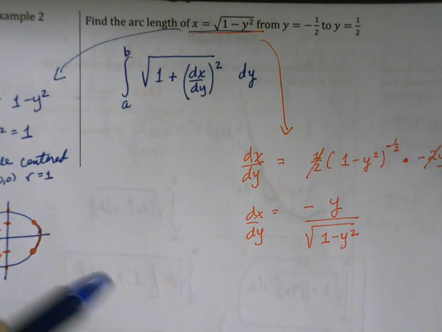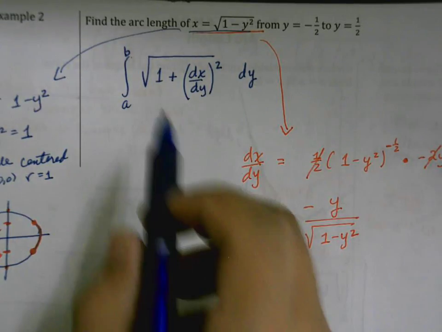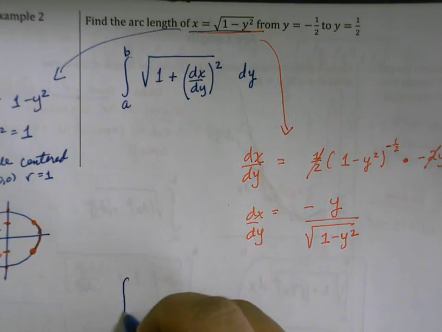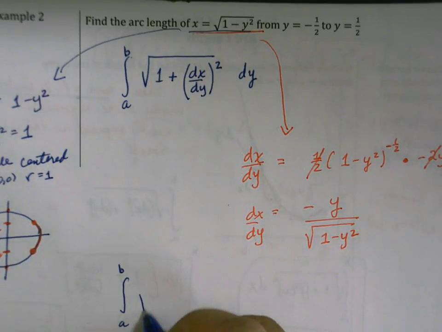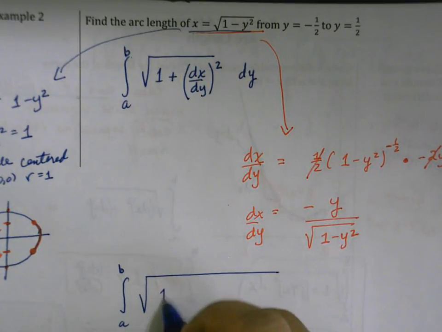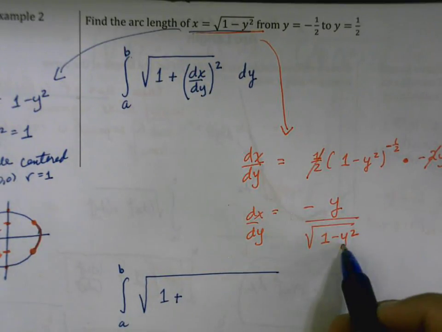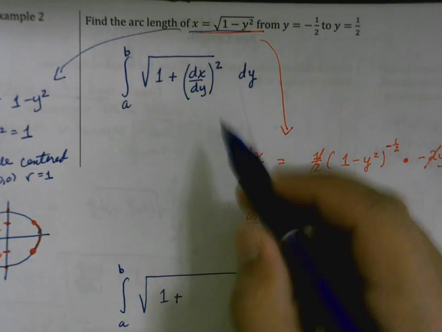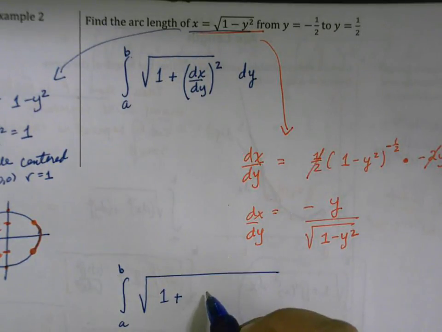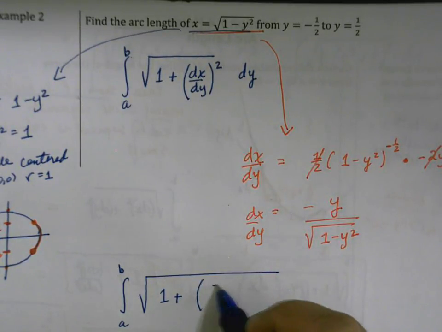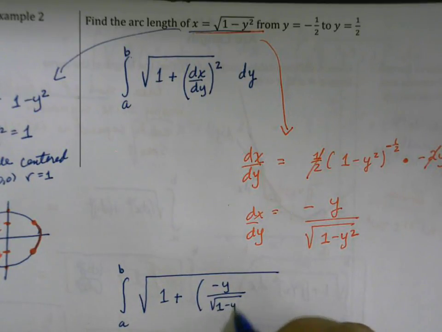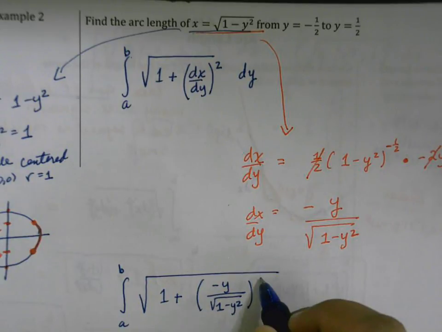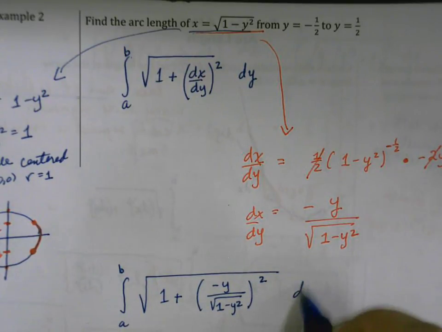So once we take this result and substitute it into this formula, we get the integral from a to b of the square root of 1 plus. Now all of this whole thing here gets squared. Okay, so I'll write it out here. I don't want to skip too many steps. dy.